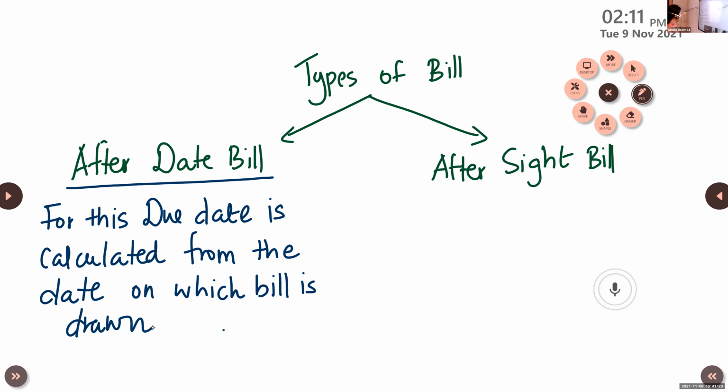Okay. After date bill. After date means the due date is calculated from the date on which bill is drawn.